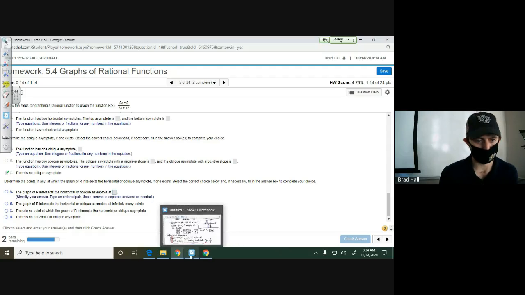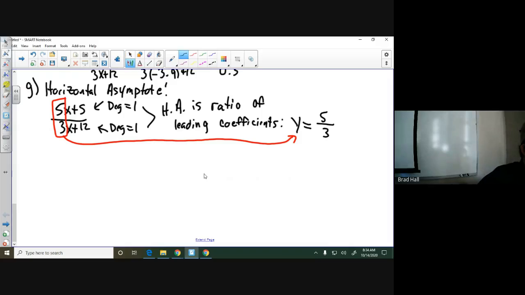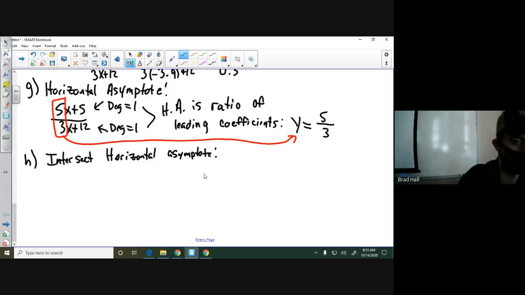And so to figure that out, we set the function equal to the horizontal asymptote in question.